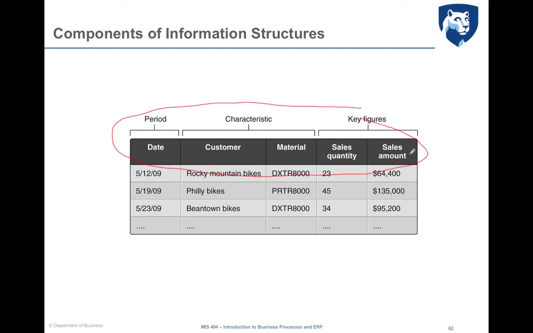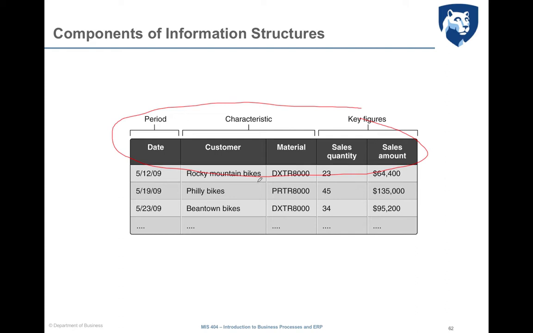the ERP system. In particular, from this example, you can see that an information structure is defined in terms of three features: the period, so the timeline, the characteristics, and the key figures. Characteristics are essentially the objects for which the data are collected, and can be organizational data such as plant and sales organization, and master data such as materials, vendor, and customer.